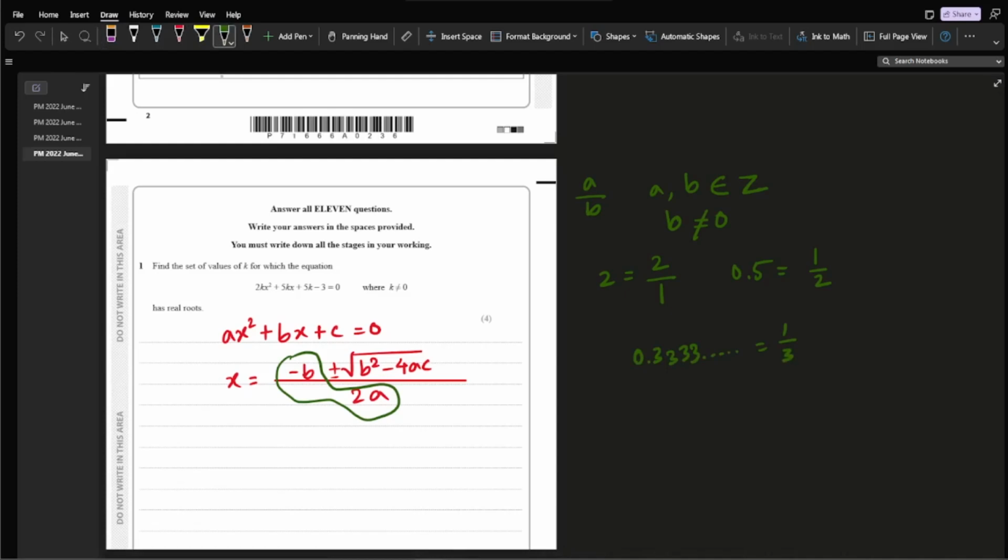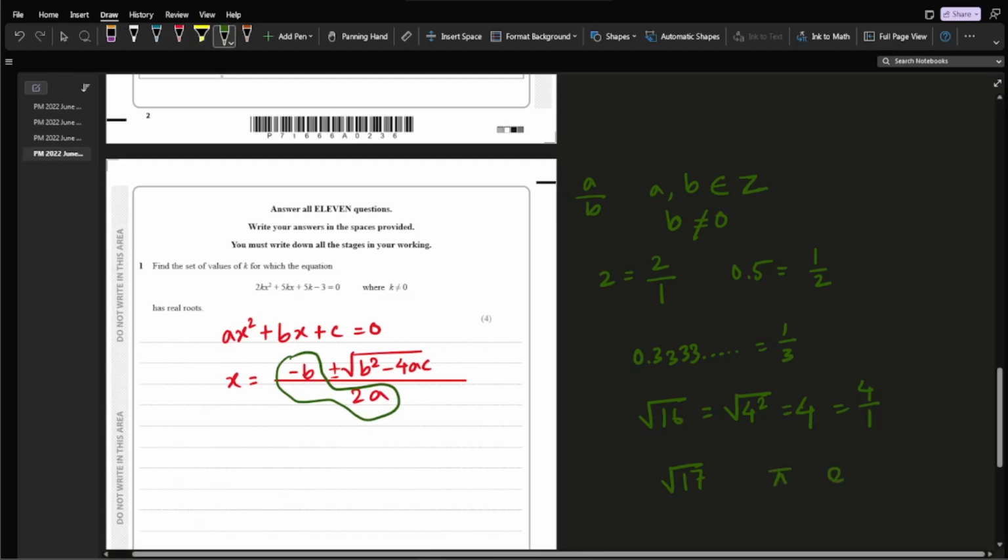Square root of 16, which is square root of 4 squared, is 4, which is 4 over 1. But square root of 17 cannot be represented as a fraction with two integers. Or pi or e, which are random continuous decimals.